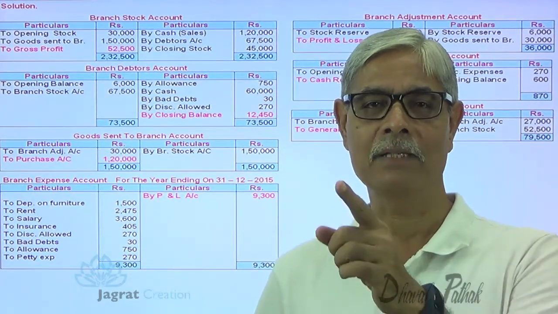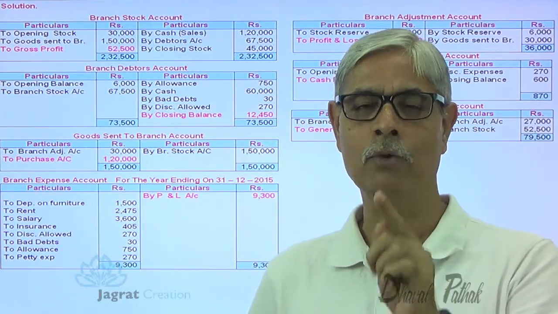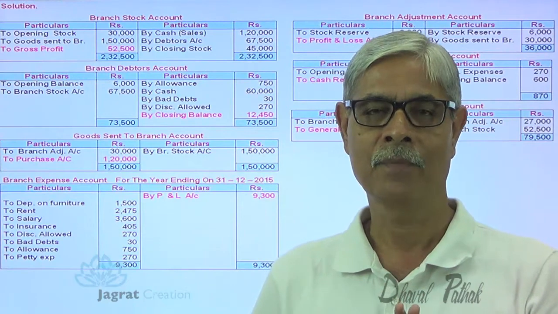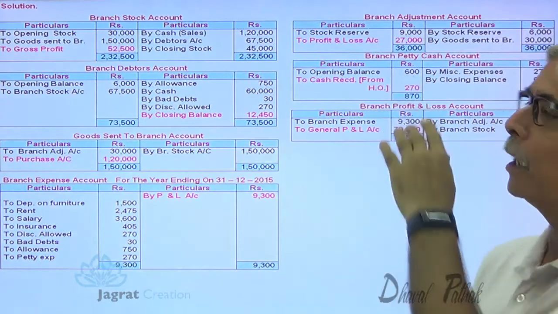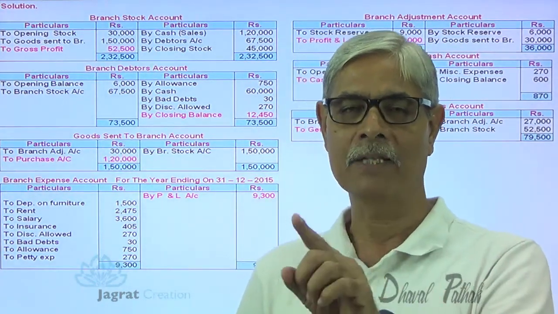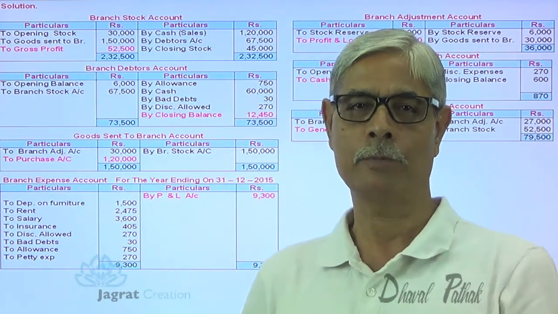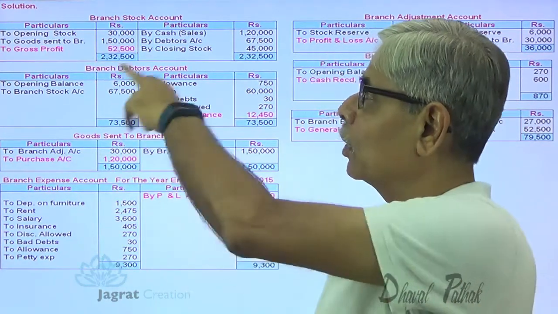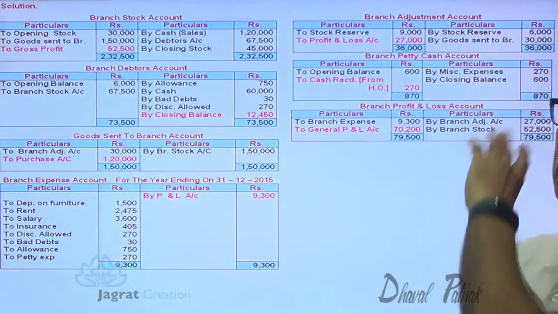Now, in the stock and debtors system, goods are sent to the branch at an invoice price. The branch sells goods at an invoice price. Therein the branch stock account tallies, and the gross profit is disclosed by the upper part of the branch adjustment account. If goods are sent to the branch at an invoice price, and the branch sells the goods above invoice price, in that situation there will be two gross profits. One gross profit is disclosed by the branch stock account, and the second by the branch adjustment account.